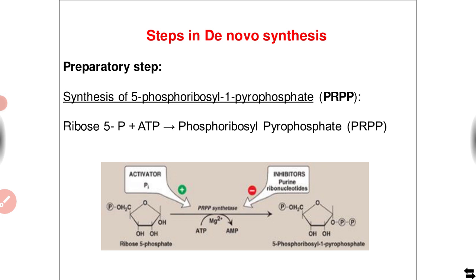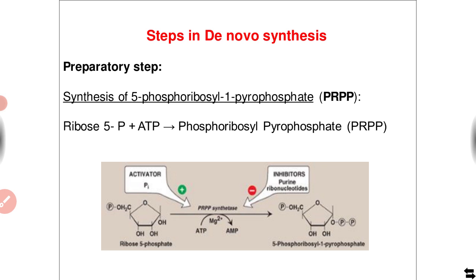Okay, so this PRPP synthetase activity is increased by the presence of phosphate and it is inhibited by feedback inhibition. The final products such as purine nucleotides inhibit PRPP synthetase. So this step is the preparatory step for purine nucleotide synthesis.